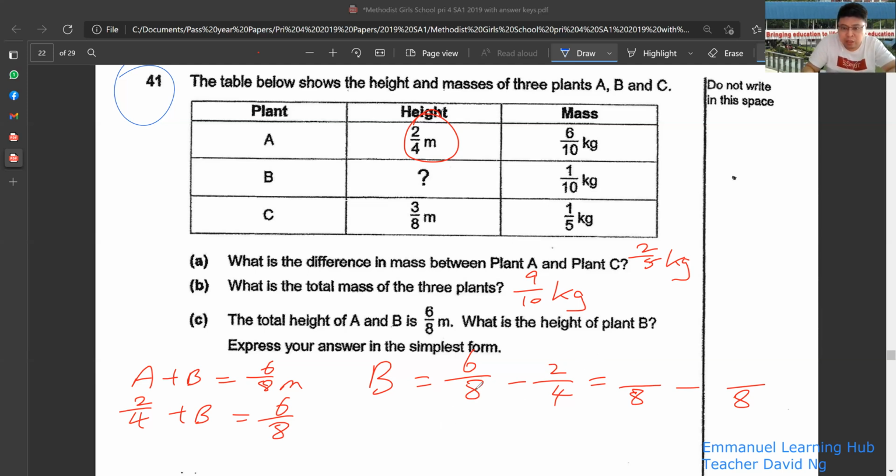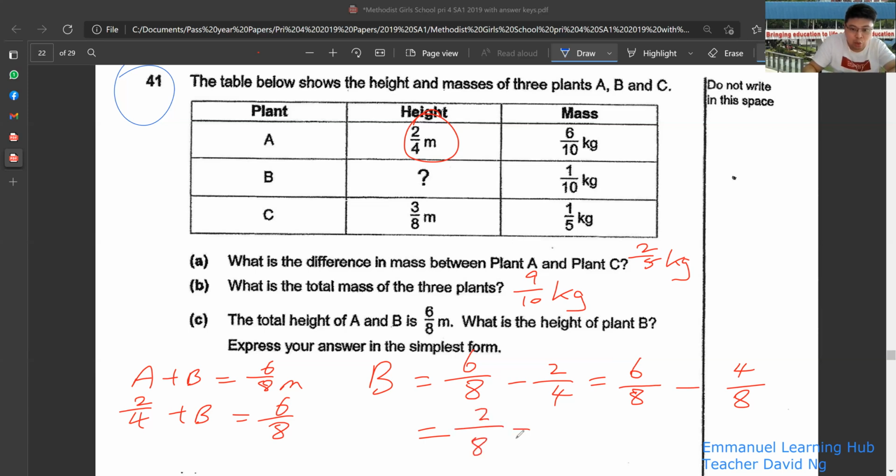Okay. So 8 times 1 is 8, right? So 6 times 1 is 6. 4 times 2 is 8. 2 times 2 will be 4. So 6/8 minus 4/8 equal to how many? 2/8.